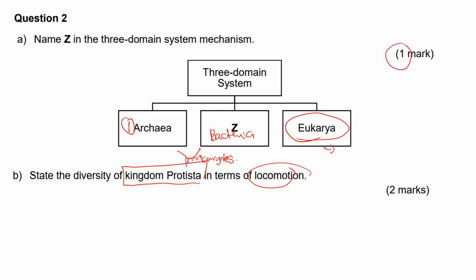For these organisms to be able to move, they will have various types of locomotion such as flagella, cilia, pseudopodia, and also a few of these organisms are non-motile. They cannot move. So that is for the 2 marks.